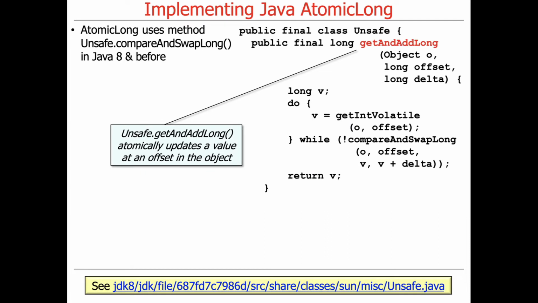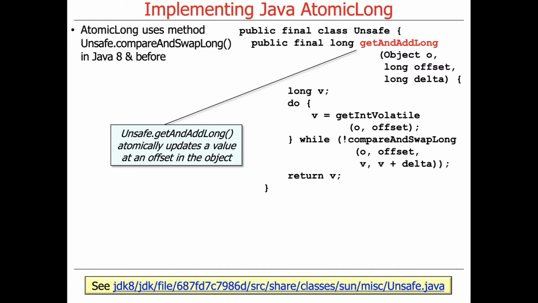To understand why we care about this, let's take a look at a method that might be provided by the Unsafe class. This is written in Java, but it's going to use some low-level stuff that's coming out of the Java virtual machine layer, which will be native methods. So here, getAndAddLong. Unsafe getAndAddLong atomically updates a value at an offset in the object.